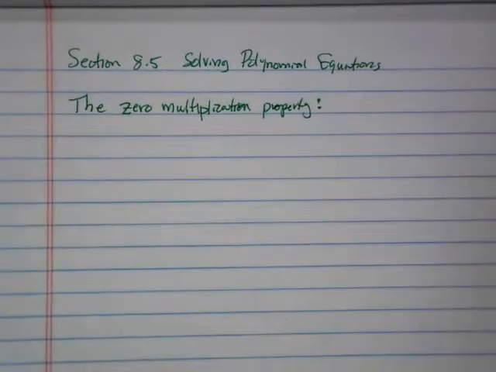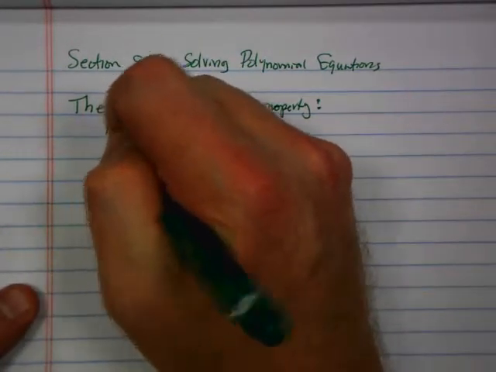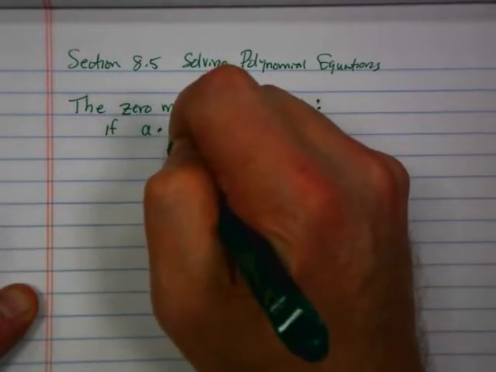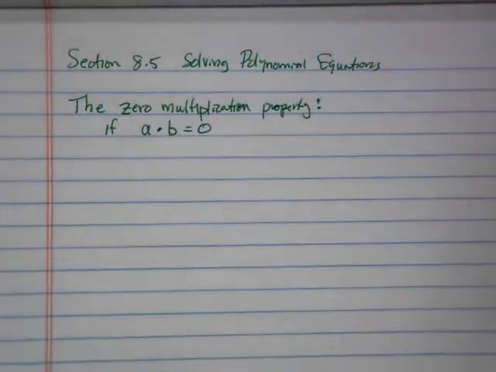The zero multiplication property says if you multiply two things together and you get the answer 0, what has to happen? It's got to be 0. Which one? Oh, both of them have to be 0? Oh, no, one, but I thought you meant the and.